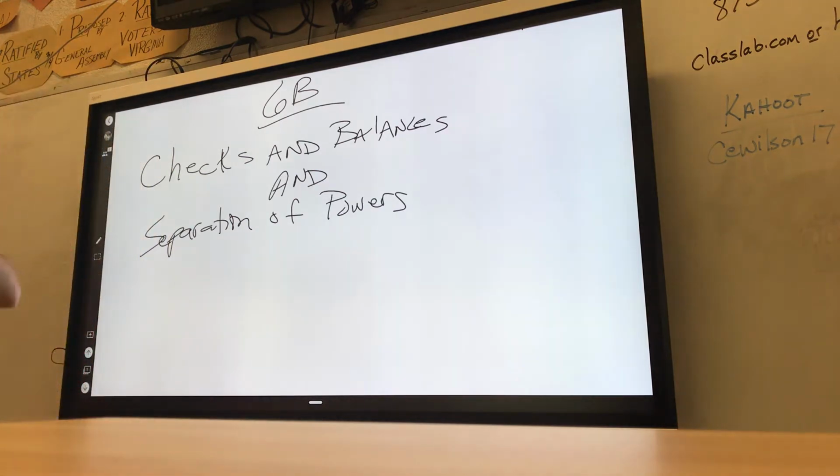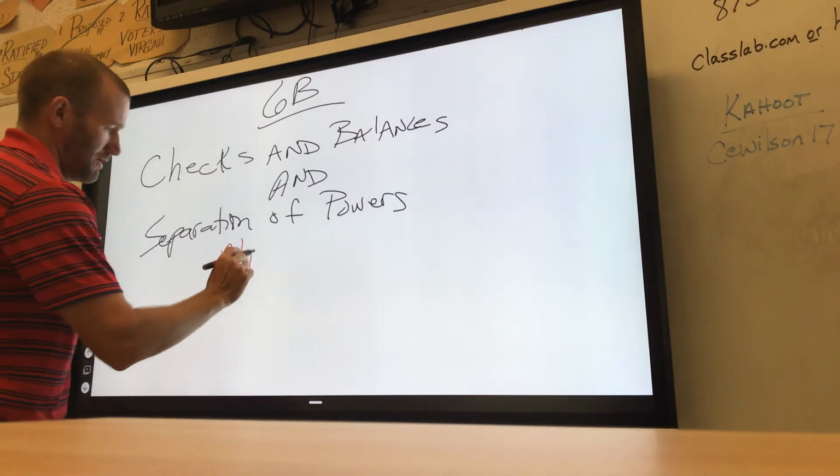Okay, these two things combined together, we have these in the Constitution for one main reason. What is the main reason we have this in the Constitution? So that no branch abuses its power, or becomes too strong.